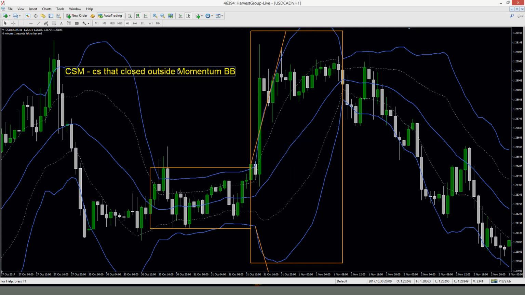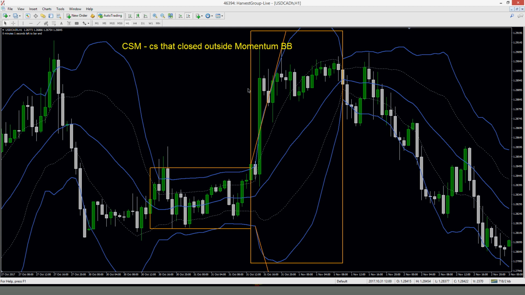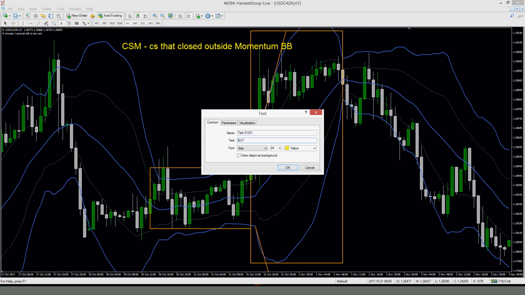So now this is the definition of a candlestick momentum: a candlestick momentum is a candle that closes outside the momentum BB. I already showed you the momentum Bollinger Band where both top and low BB are open, and what you have here is the candlestick that closes outside the Bollinger Band, because this candle is a buy candle.